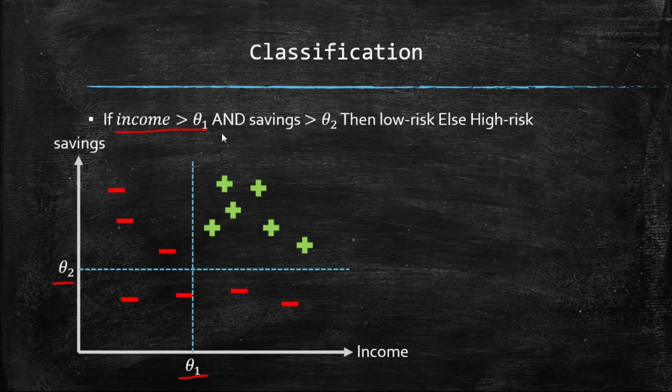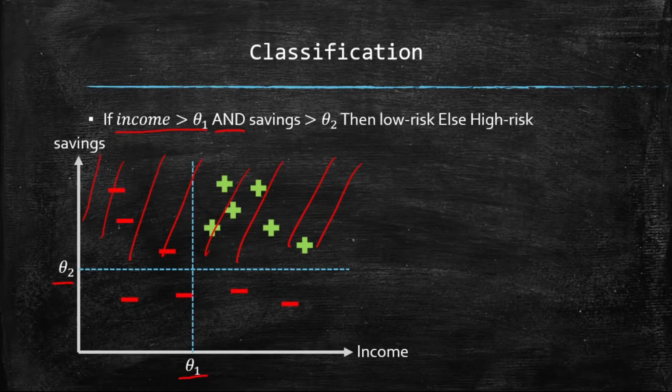And that is this AND guy right here. You will say that if income is higher than theta 1 and the savings is higher than theta 2, which is this region right here, all of this, right? So this is the region covered by savings more than theta 2, right?